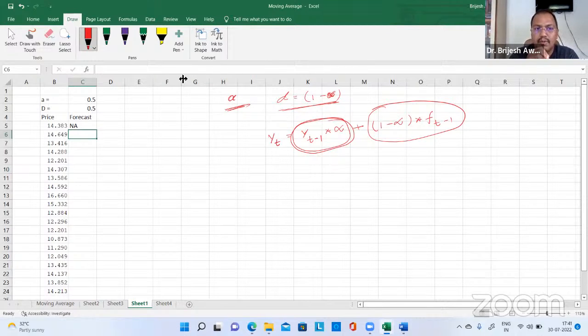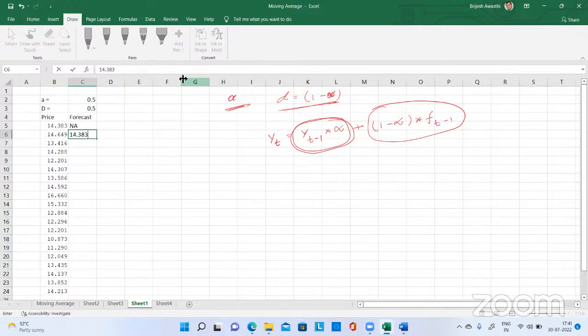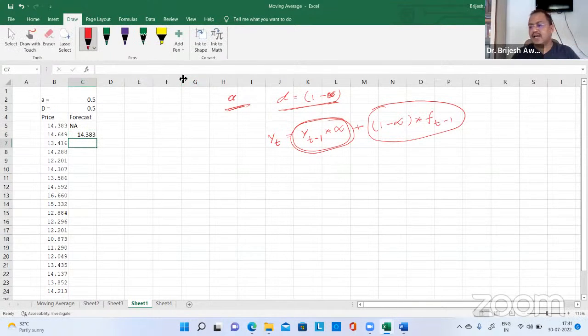Can we consider that your previous price is the forecast for this year? Exactly the same, we can consider it. When we don't have data, we will consider the previous sale as the forecast only, right?